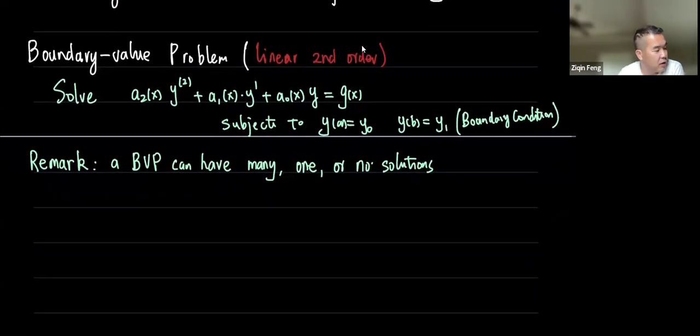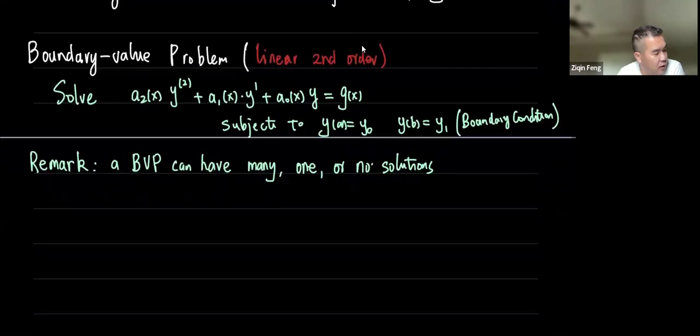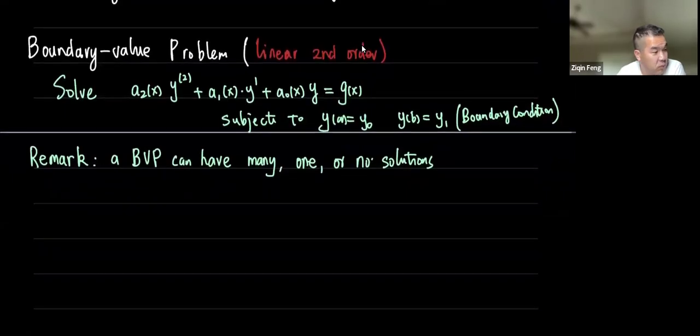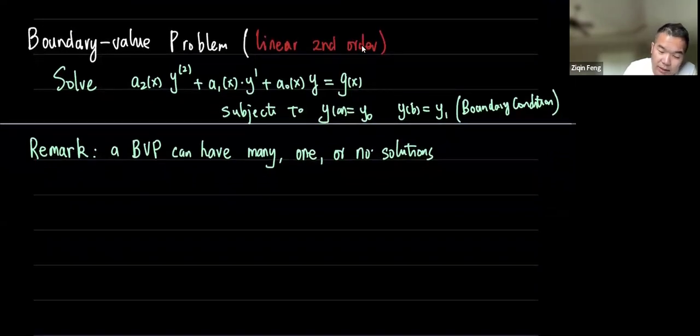So let's discuss an example here. In this example, this boundary value problem has many solutions, right?